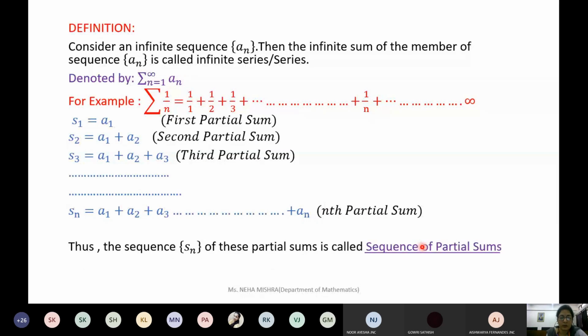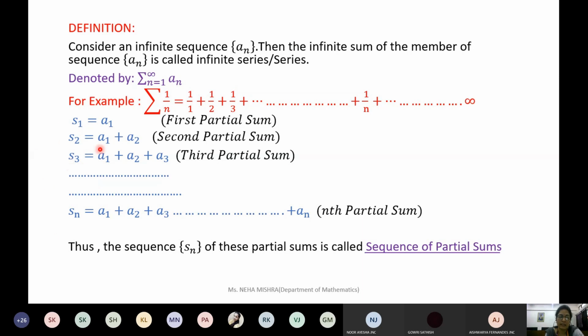Thus, the sequence of these partial sums is called the sequence of partial sums. So S1, S2, S3, S4, S5, S6, these sums are known as the sequence of partial sums. Because if my sequence is capital S, this will be the first term, second term, third term, fourth term.